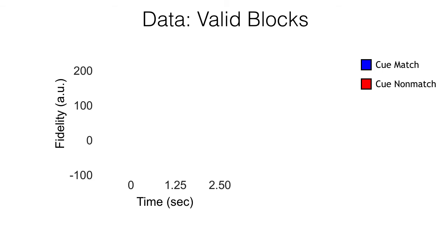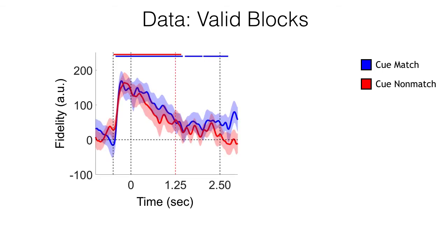So now we are sorting these by cue condition. Here we see what happens during the valid blocks. We see basically what we saw in previous studies. So when we give people a cue, we see much more information about the location that matches the cue compared to the one that doesn't.